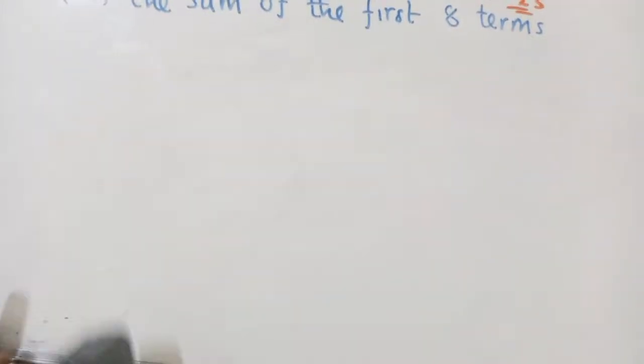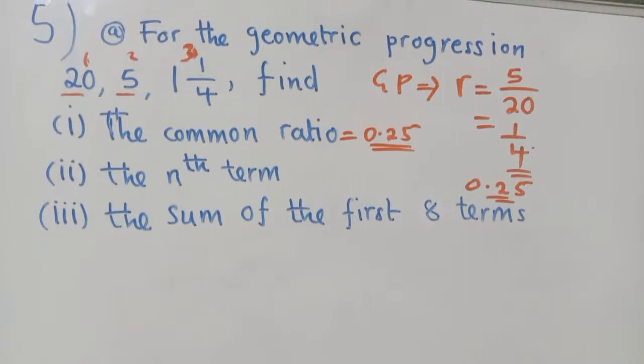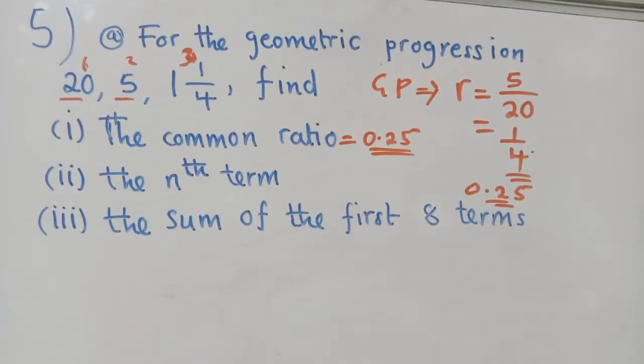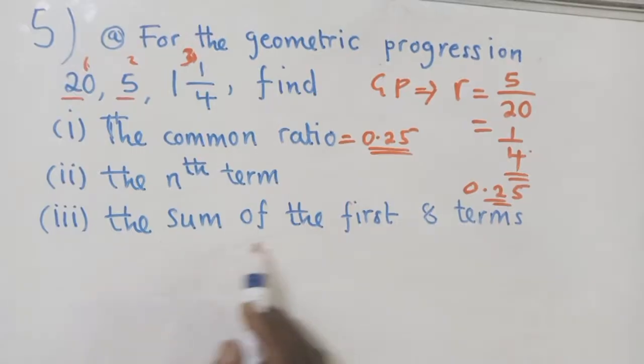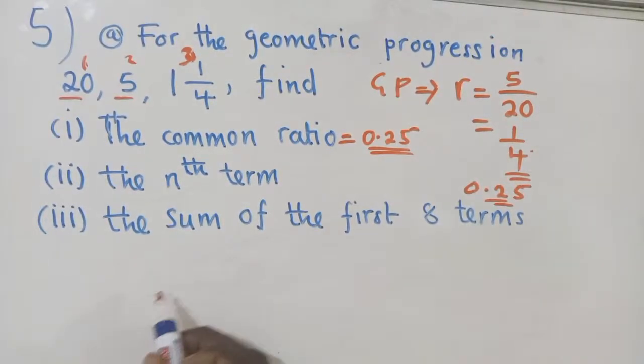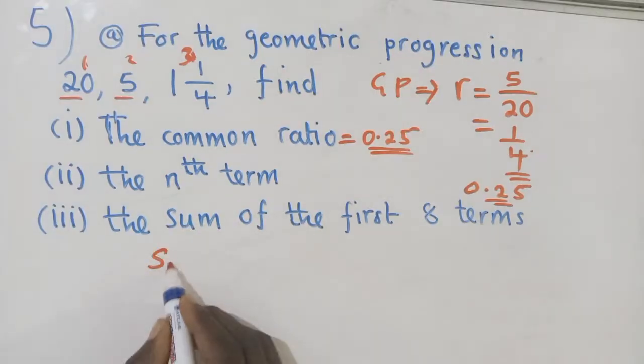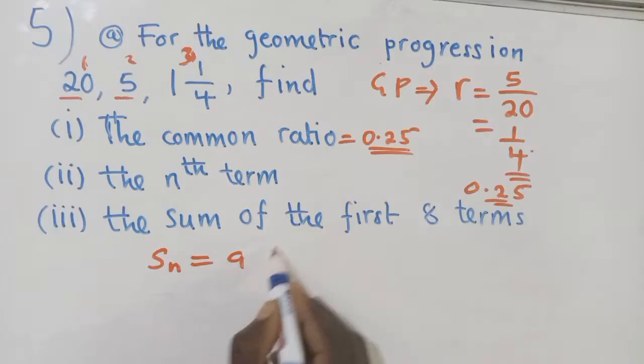We go to the last question, and in this case, they want us to find the sum. Beatrice, thank you very much for confirming that it's clear. I'm happy for that. So now, for the sum of the first 8 terms, when dealing with a GP, we use the formula which looks like this.